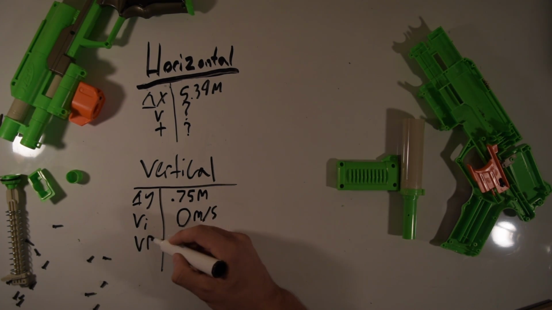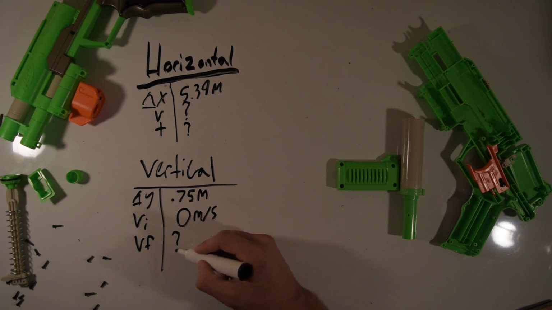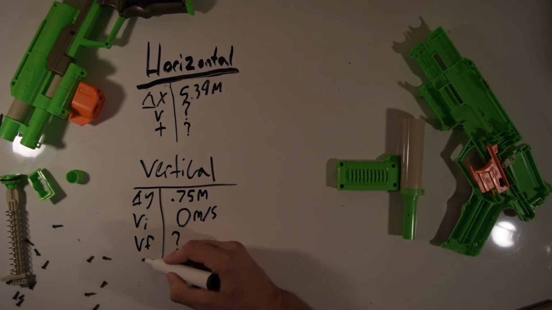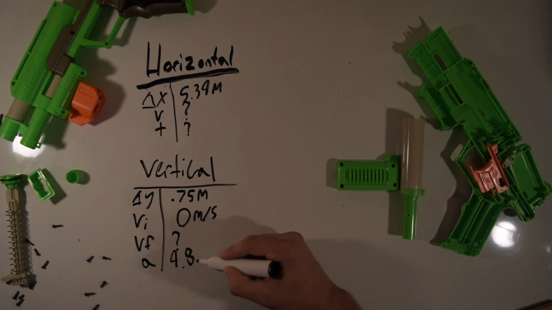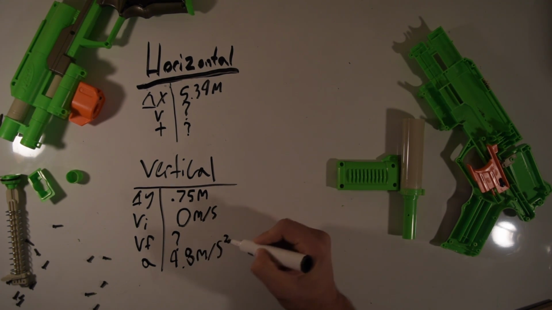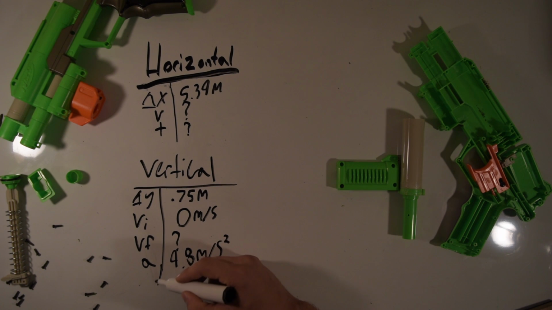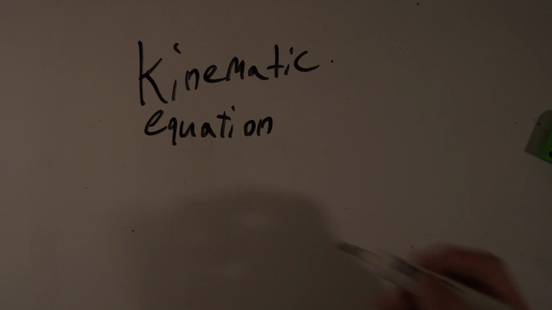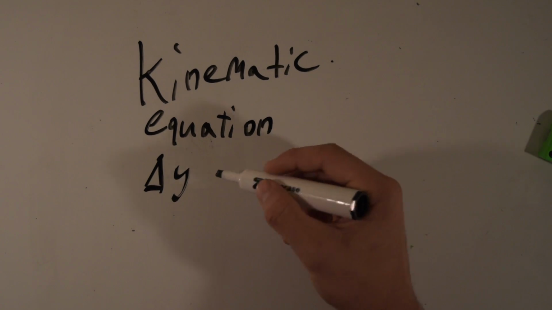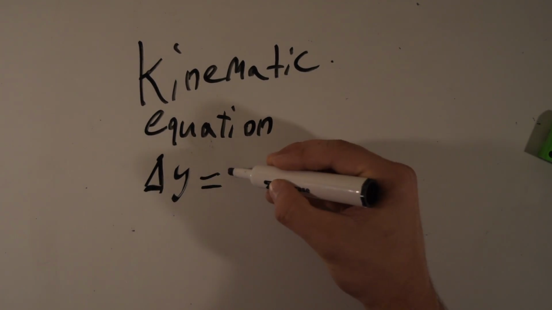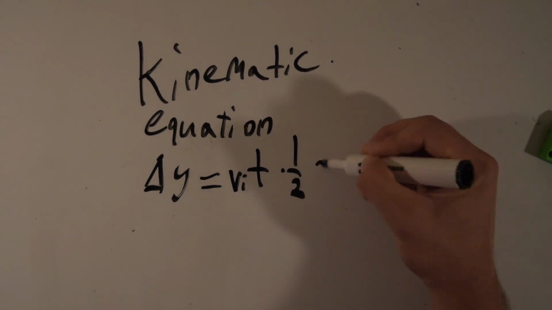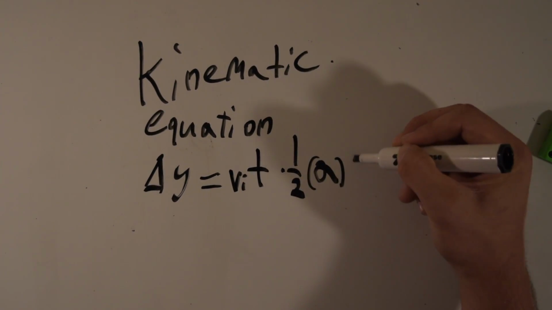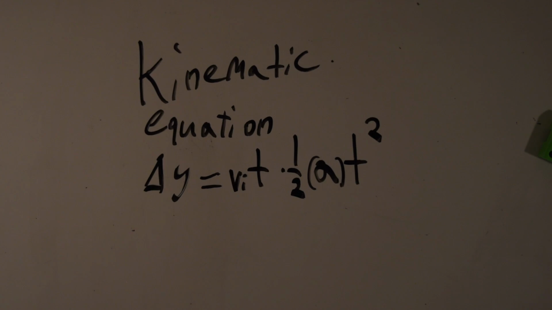The final velocity of the bullet is unknown. The acceleration due to gravity is 9.8 meters per second squared. And we're going to have to solve to figure out the time. So now that we have three parts of the vertical measurements, we can use the kinematic equation, which is delta y equals initial velocity times time plus 1/2 times acceleration times time squared.